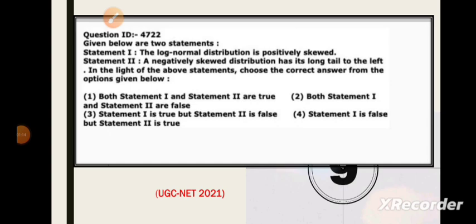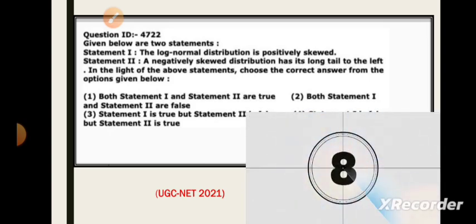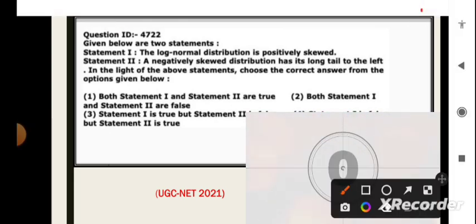Next question is, which of the following statements are correct? Statement first is, the log normal distribution is positively skewed, and statement second is, a negatively skewed distribution has its long tail to the left. So here both these statements are correct. So our correct option will be option first.